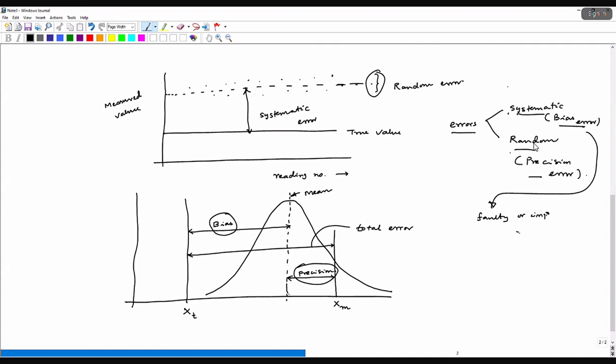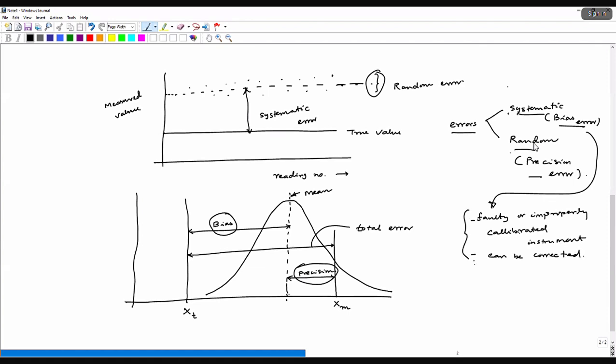Let's say you have a thermometer which consistently measures 1 degree centigrade higher or 1 degree centigrade lower. So you always have that error inbuilt. Since you know that error quite well, you can actually correct it. So systematic error can be corrected.